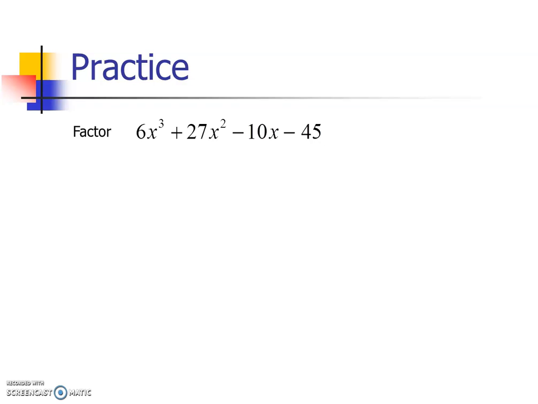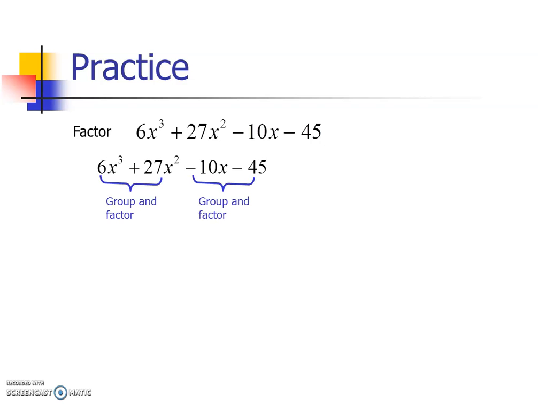Okay, so let's go on to this question. Now that you've seen it worked out, you're going to pair up the first and second and the third and fourth. You're going to factor out a GCF. In the first pair, you can factor out a 3x squared. In the second one, be careful, you're going to factor out a negative 5.